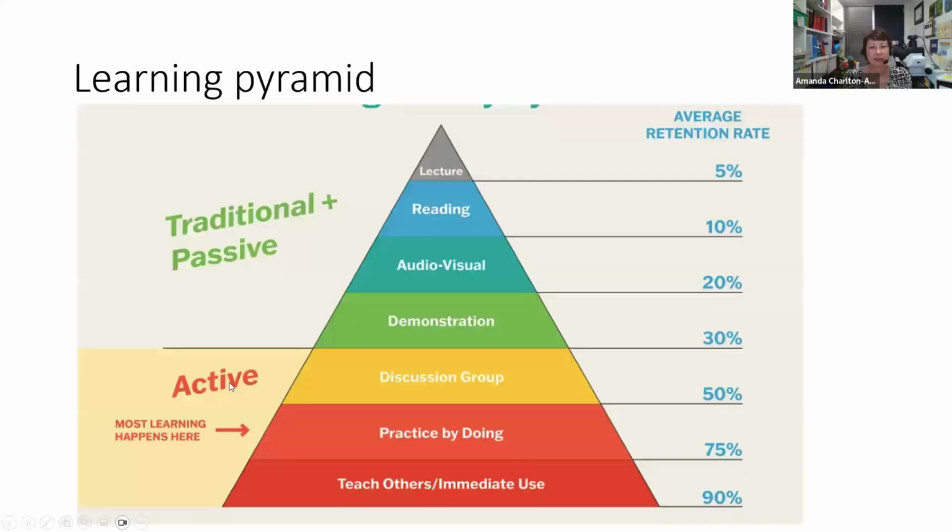What's next? The learning pyramid. So the reason we don't give lectures is because they're a really ineffective way to learn. And even if you watch our wonderful videos and demonstrations online, you won't learn very well. But we recommend that you do discussion groups, practice by learning, and teach others.